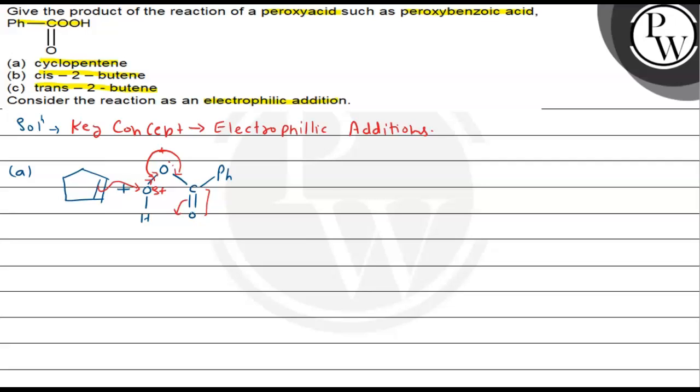Due to which the bond between this carbon and oxygen will break down easily. Now we can see that the hydrogen attached with the oxygen will get detached from this oxygen, and the overall product will get converted in such a way that it is cyclopentene here, and from here the pi bond attacks the oxygen, so it will get connected with this oxygen, and from here also it will get connected with this oxygen.